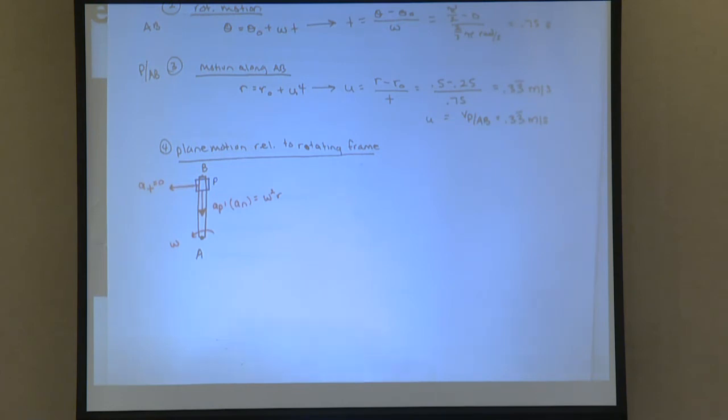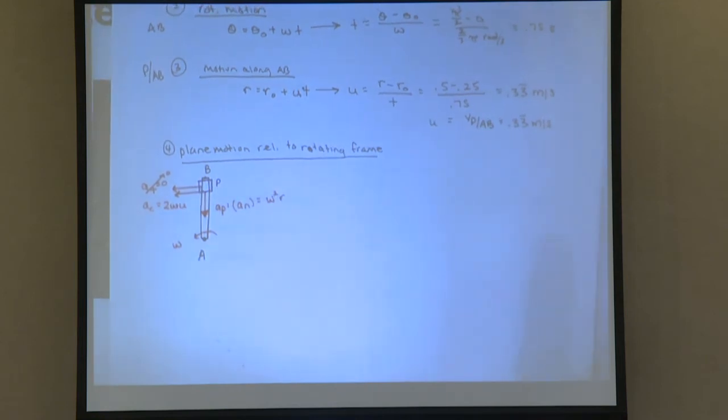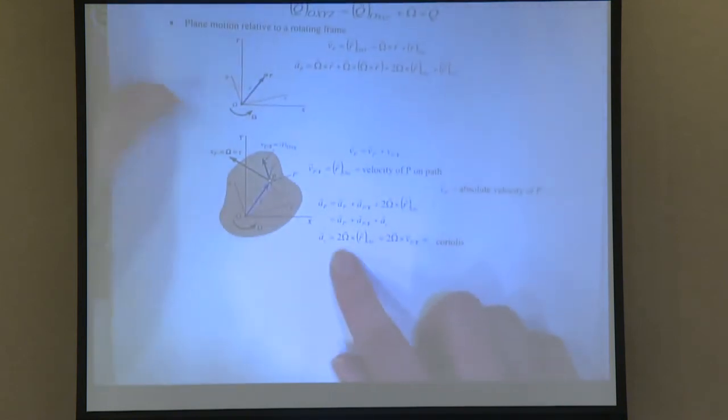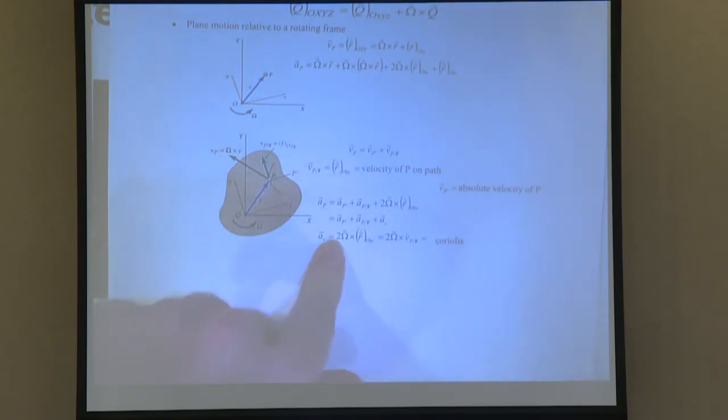So basically the equation for it, we're going to have an AC, and it's just going to be 2 omega times u. You can look at the equation from the book, but for Coriolis acceleration, don't get bogged down by the capital omegas and everything, just understand what's happening.